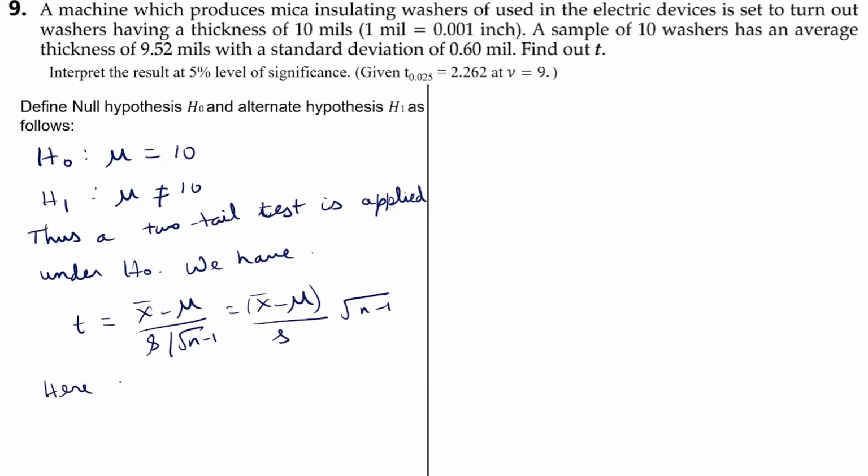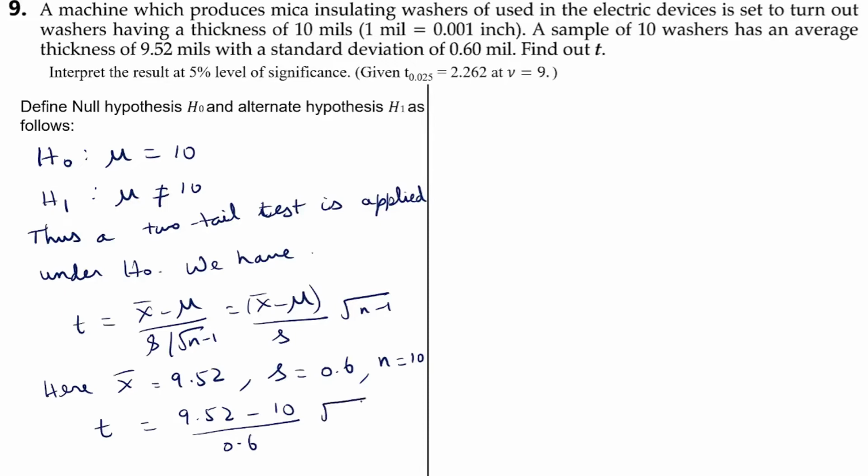Here x bar, the sample mean, is 9.52, the sample standard deviation is 0.6 and n is 10. So we have T as 9.52 minus 10 upon 0.6 into root of 10 minus 1, which is 9.